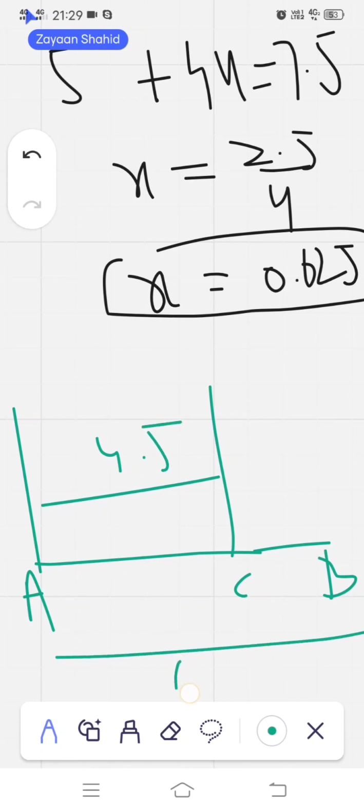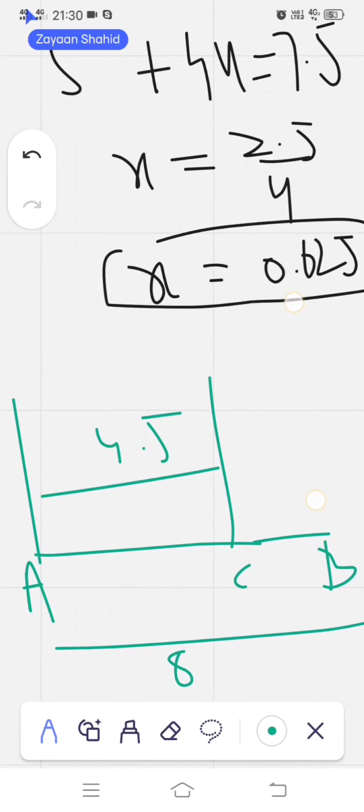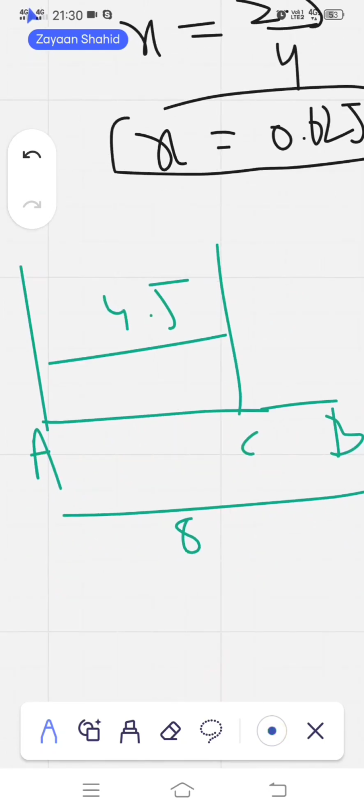The total distance is 8. So we can take the moments about A. The weight is in the downward direction, that is the given data in the question. The weight is exactly at the middle point, so this distance is 4. This is the tension in the string TC, this is TA.